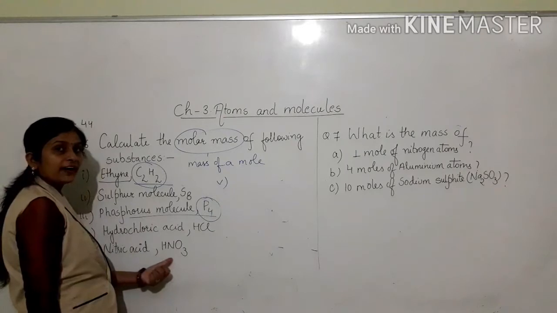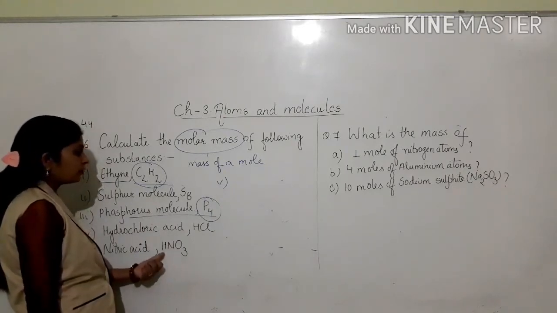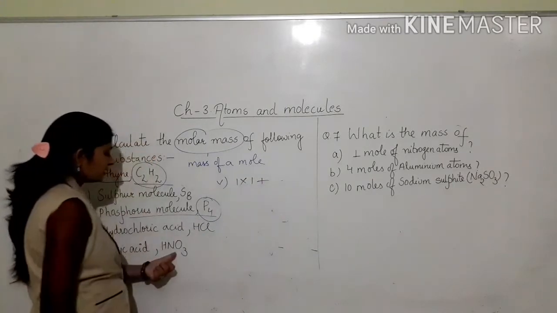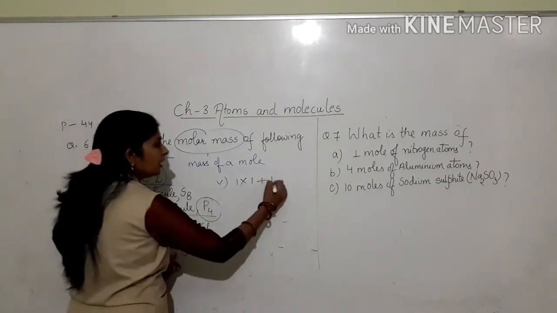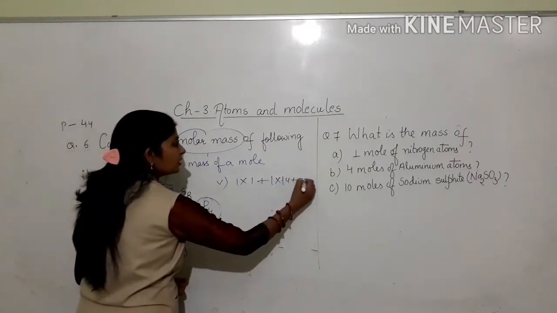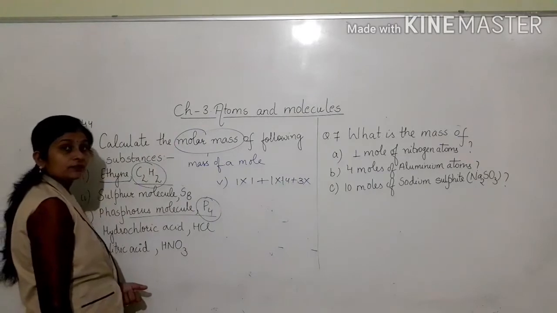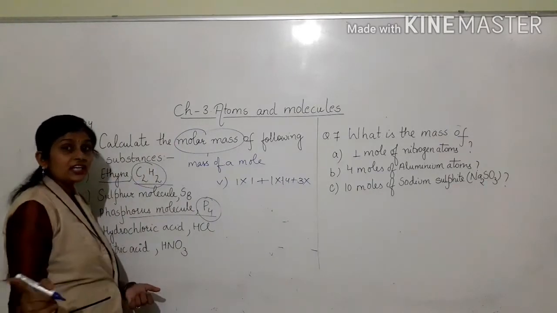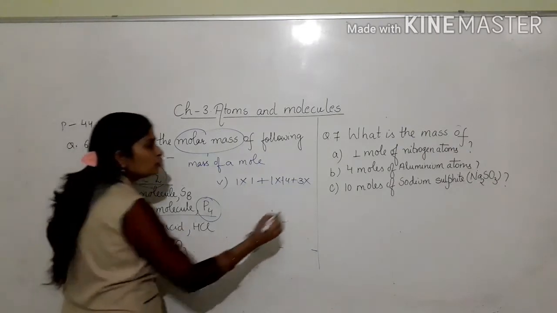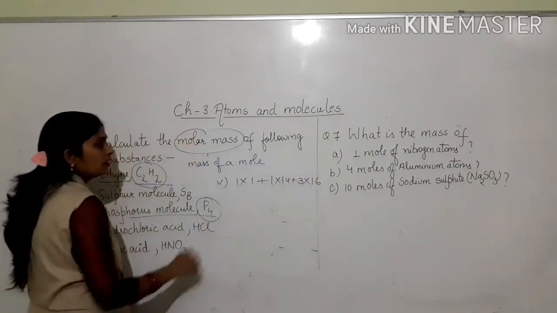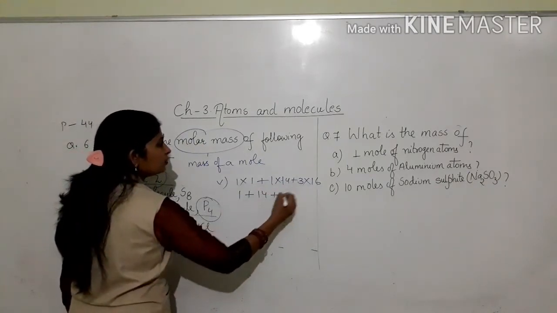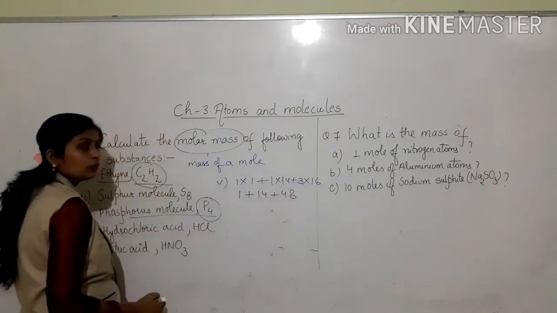One molecule of nitric acid HNO3 has one hydrogen atom having mass 1 U plus one nitrogen atom having mass 14 U plus 3 oxygen atoms having mass 16 U each. So 3 oxygen atoms will have 3 into 16 U mass. 1 into 1 plus 1 into 14 plus 3 into 16, that is 48.